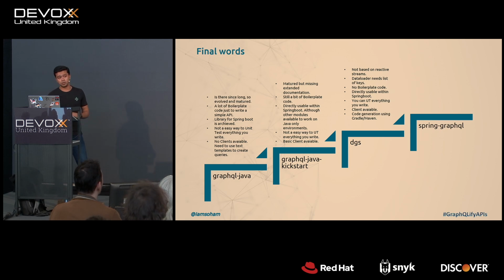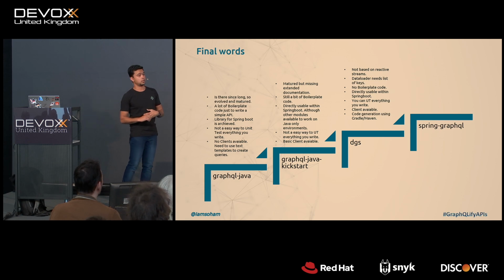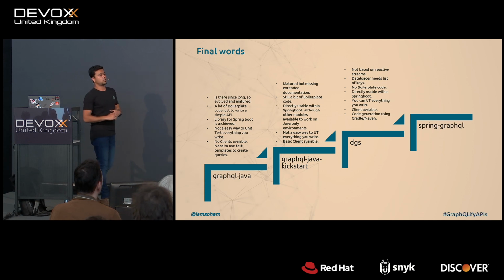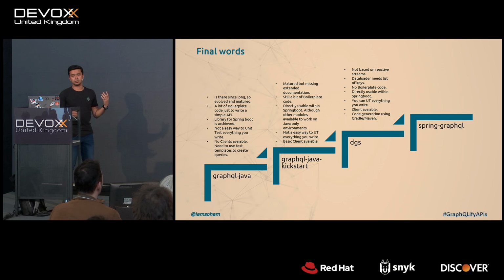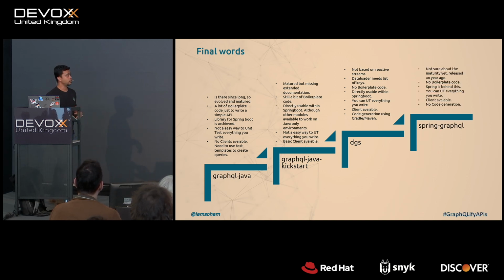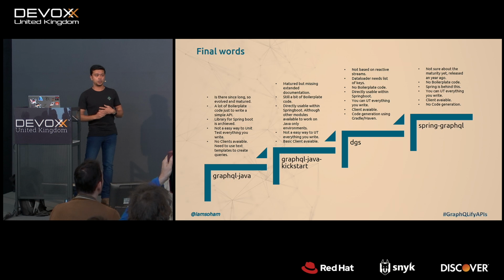But the biggest plus of this framework is it has very good support for the client side. So if you have a GraphQL client which is calling GraphQL APIs, you can use that for code generation and minimizing your data. Spring Boot GraphQL, I'm not sure about it.